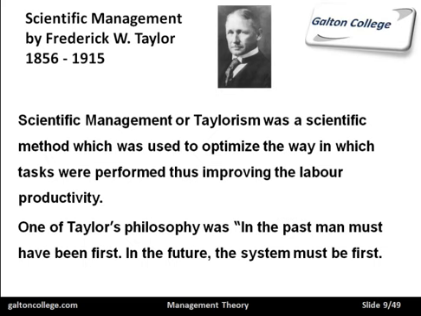So the world was changing very, very rapidly, and they must have had a response to it. So Taylor saw the system, the organisation, as having requirements, and the system employed people. So people should put the system first, not themselves. It was the team that was important, not the individual.